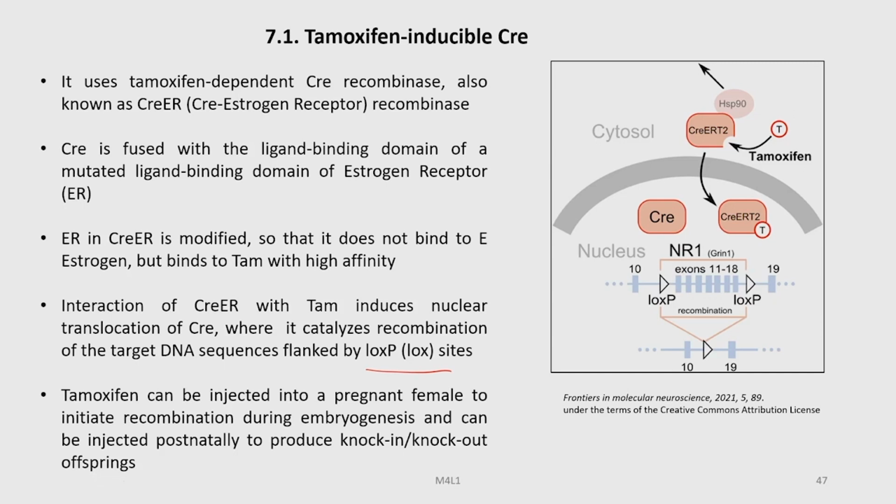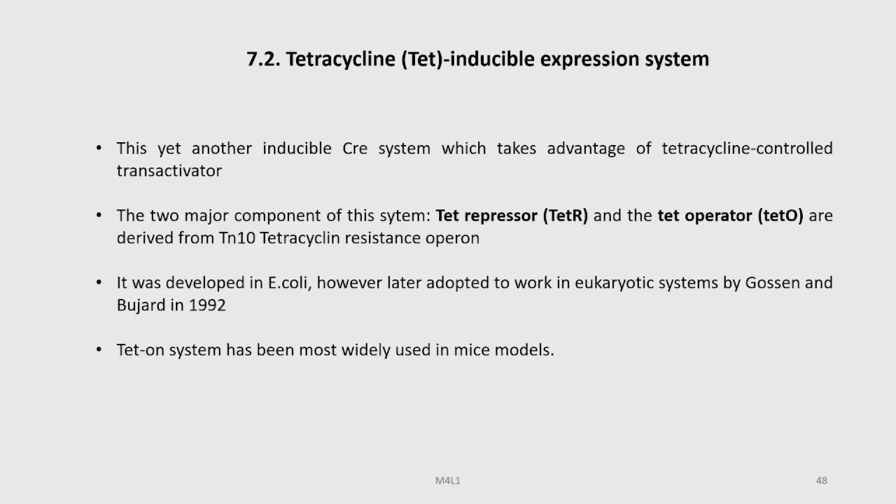This tamoxifen can be injected into a pregnant female to initiate recombination during embryogenesis and can be injected postnatally to produce knock-in and knockout offsprings. Similar to tamoxifen, we also have tetracycline inducible expression systems, or TET inducible expression systems.